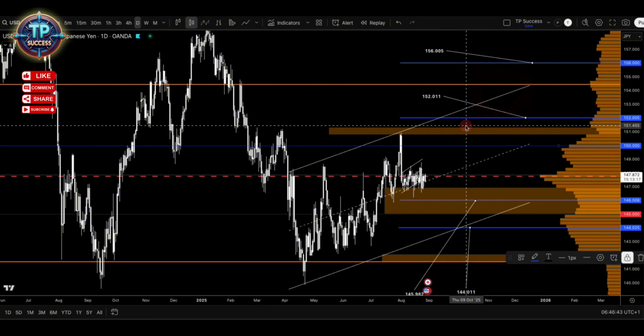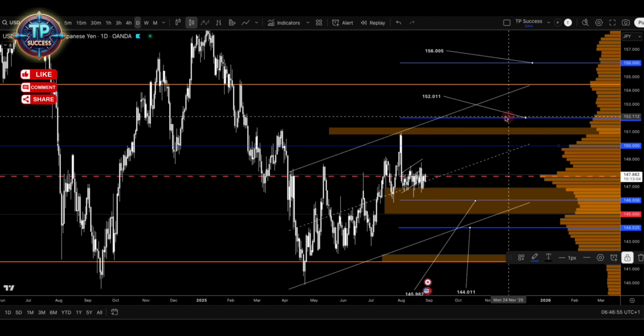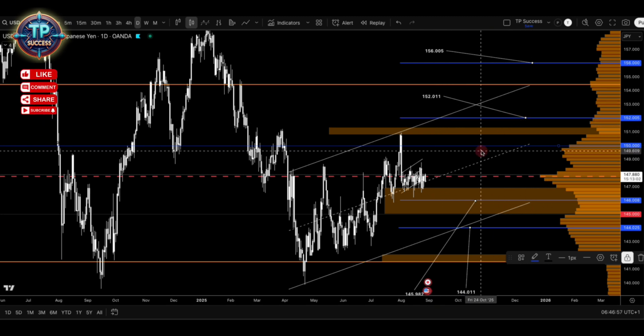And those price point zones are, starting from the top side, 156.005, and on the bottom side, which is this zone right here, we're looking at 152.001.